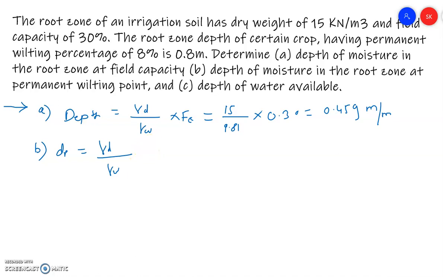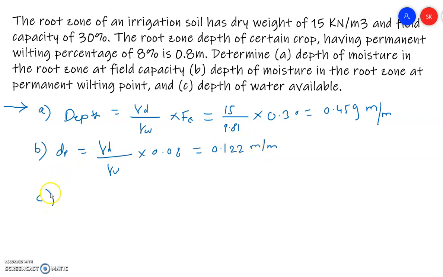Permanent wilting point is 8%, which means 0.08. So we put 15 by 9.81 multiplied by 0.08, and we will get the answer as 0.122 meter per meter, and that we can convert to mm per meter as well.